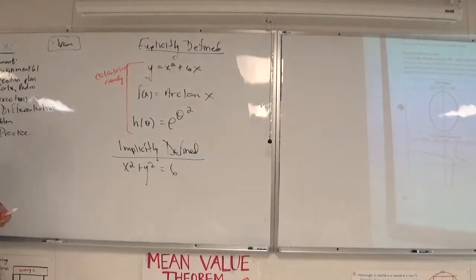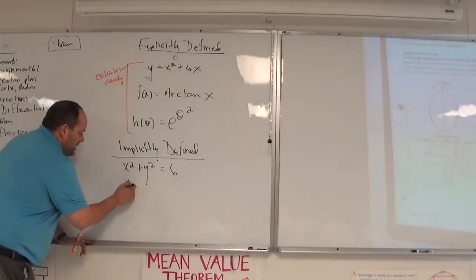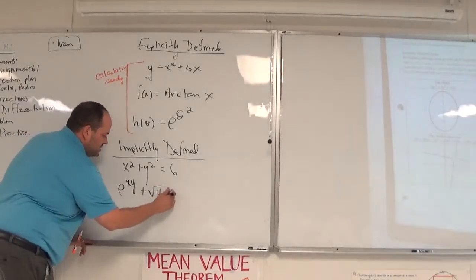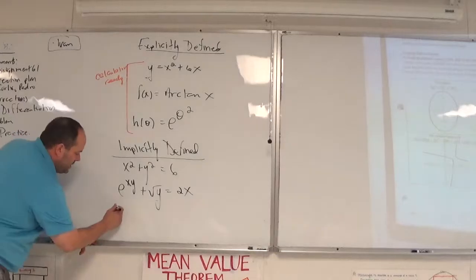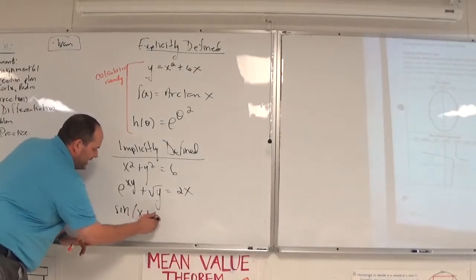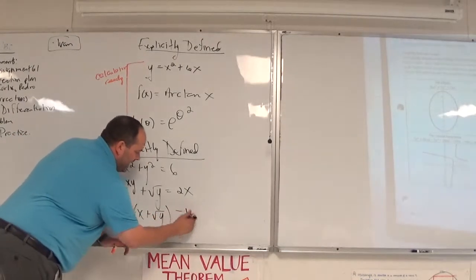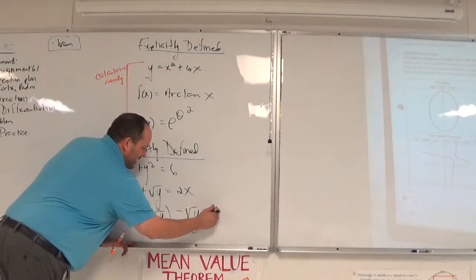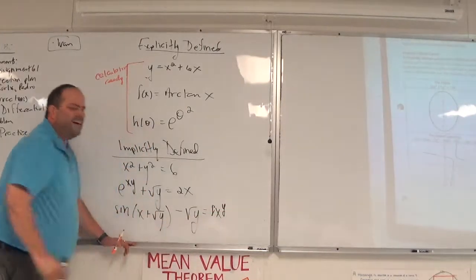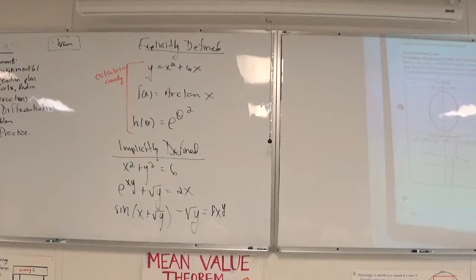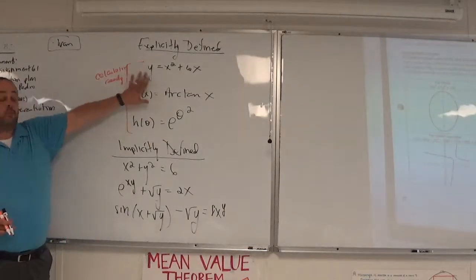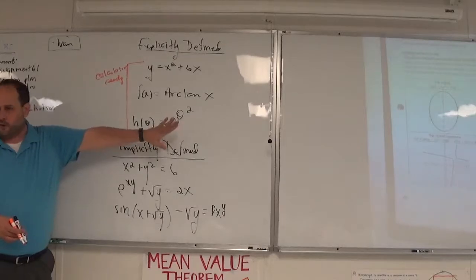The x's and the y's are mixing together on the same side. E to the xy plus the square root of y equals 2x. The sine of x plus the square root of y equals 8x to the y power. I make stuff up. Explicitly defined is what we've been doing this entire course.